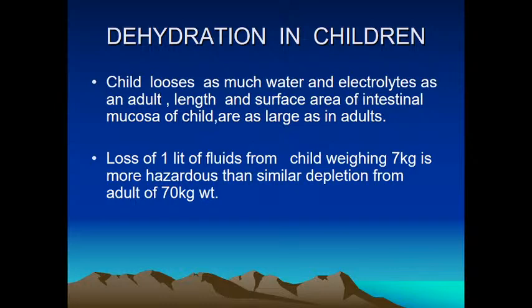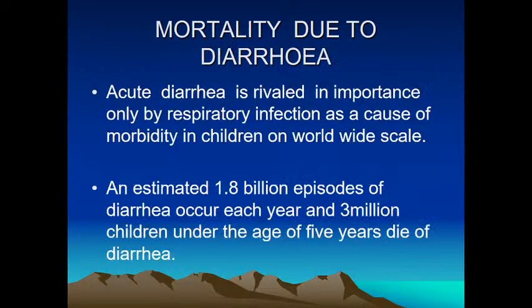The loss of 1 liter of fluid from a child weighing 7 kgs is more hazardous than similar depletion in an adult of 70 kilos. You must remember that. So just saying that you lost 1 liter is not enough. 1 liter in an adult won't really make so much of a difference, but 1 liter in a child will make a huge difference.